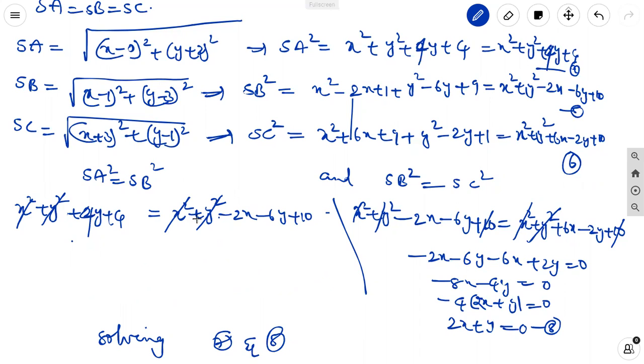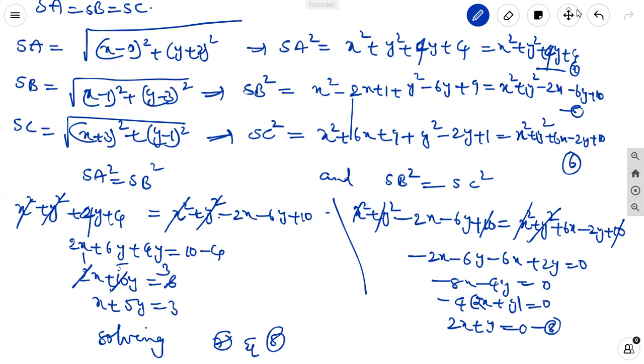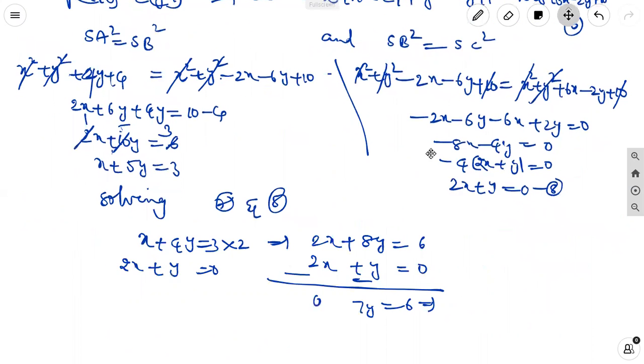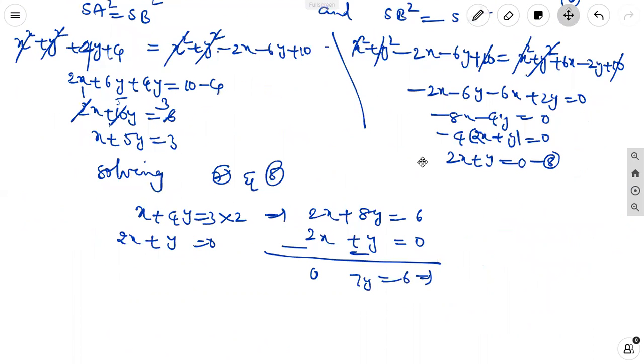X square, y square get cancelled. Here 2x plus 6y plus 4y equal to 10 minus 4. Here 2x plus 10y equal to 6. 2 1s are 2, 2 5s are 10, 2 3s are 6. So x plus 5y equal to 3. So here the equation is x plus 5y equal to 3.